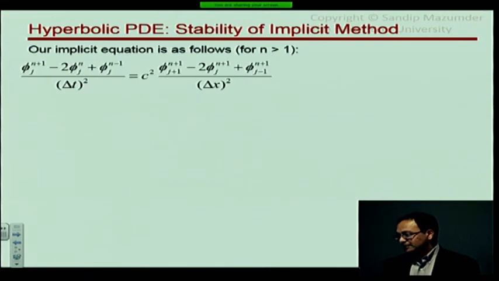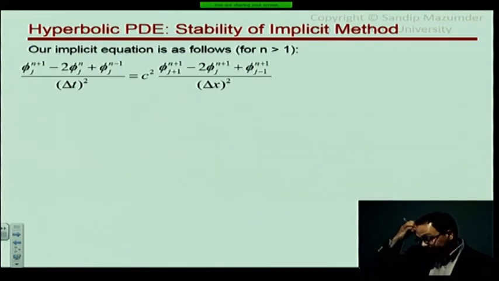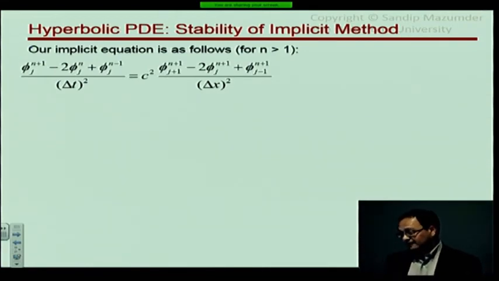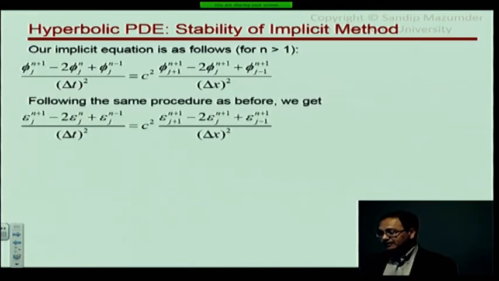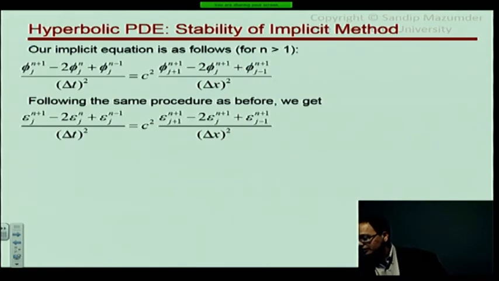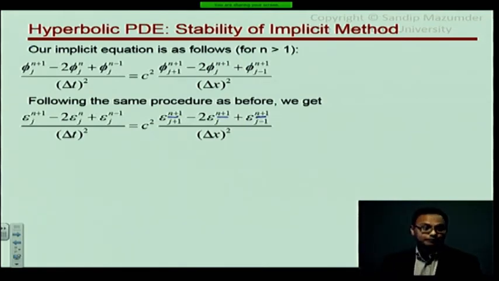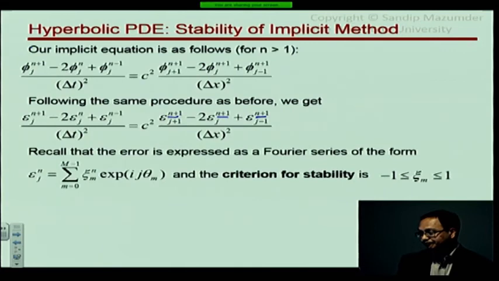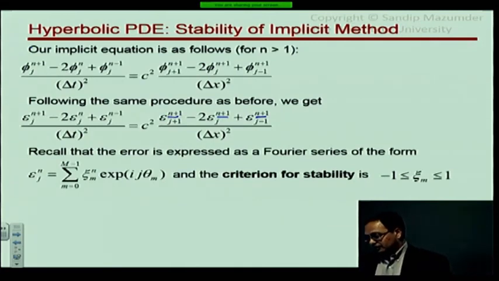So let's talk about stability. I'll just go through this quickly. These are the same steps as the explicit method, except here now you have n plus 1 instead of n, if you compare it to the explicit method. So this is our criterion for stability.